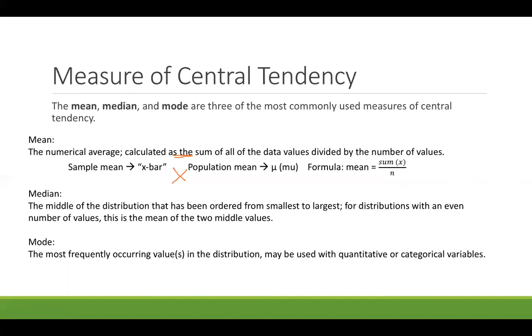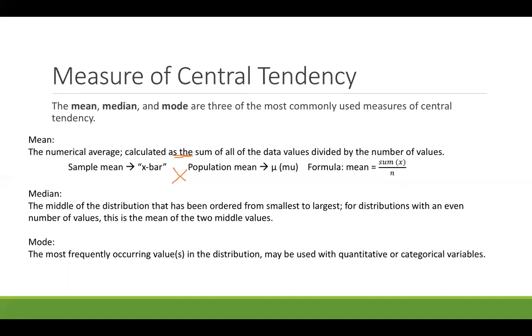Next is median, which is the middle of the distribution. You want to make sure you order the values from smallest to largest. So sometimes they'll give you a set of values like 5, 3, 6, 1. And if it asks for the median, you don't just want to pick the middle number out of those. You want to put them in order from smallest to largest and choose then.